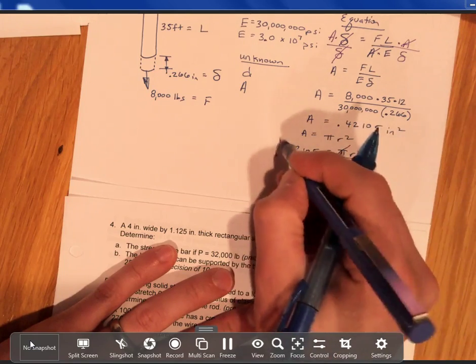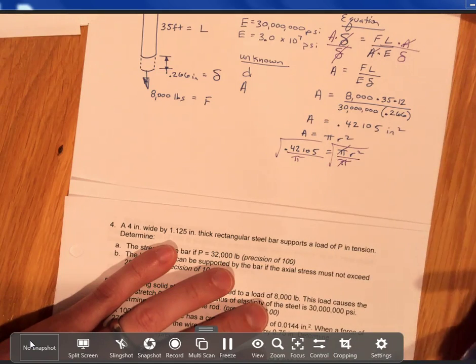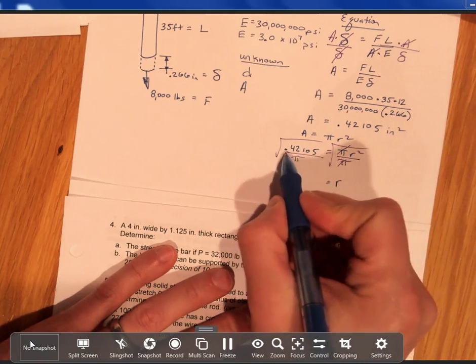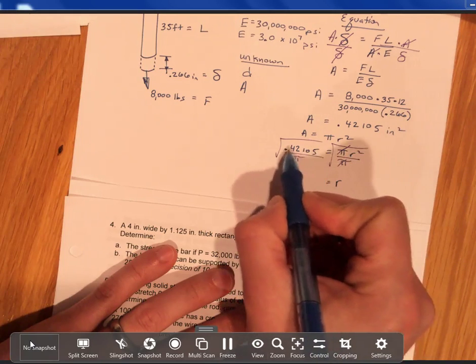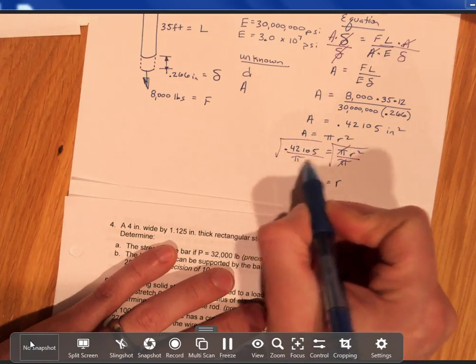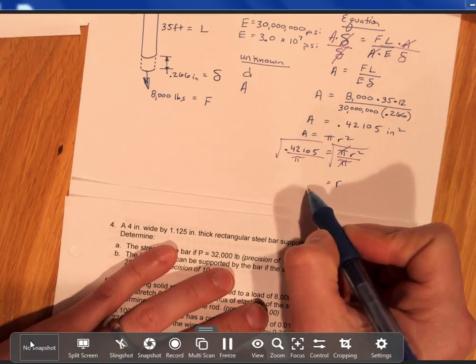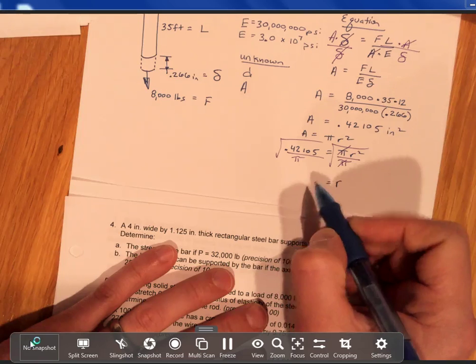Step 2, take the square root of both sides to get rid of the square. So I've got r is equal to the square root of 0.42105 divided by pi. Order of operations, you would divide this first, figure out the inside of the radical, and then take the square root. And when you do that, you're going to get 0.36609.